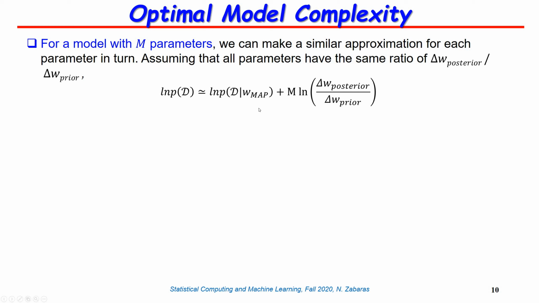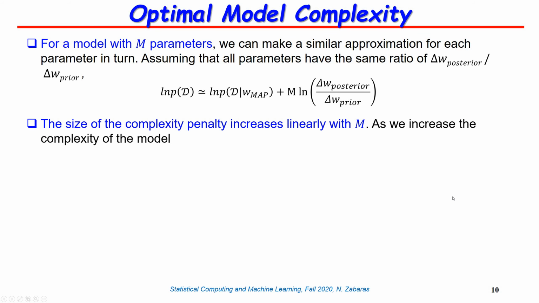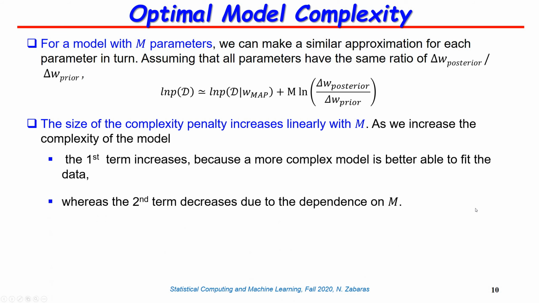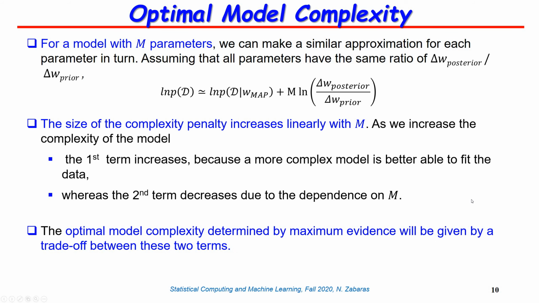One is the likelihood term that likes to be as high as possible, and the other one is the complexity of the model that likes to be as low as possible. The interplay between those two gives you the optimal complexity of the model, and that's what we have seen under the Occam's razor principle that we discussed in this lecture and in earlier lectures as well.